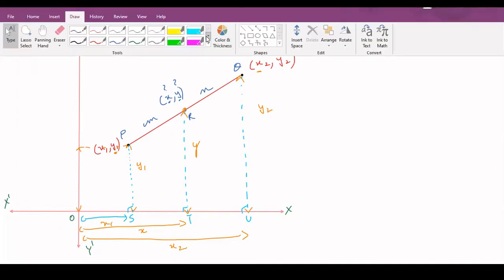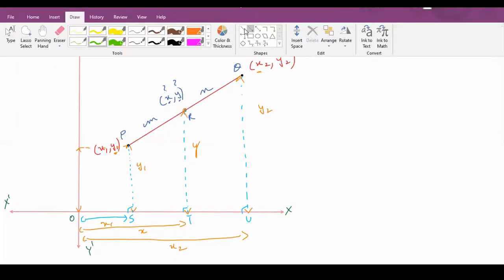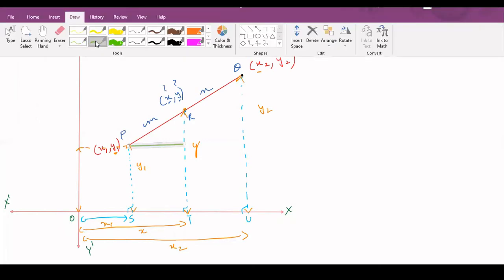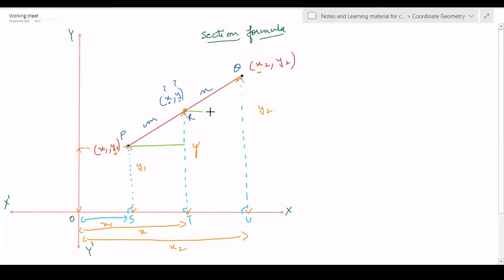Let's also draw perpendiculars: one from P, and one dropped from R on QU.